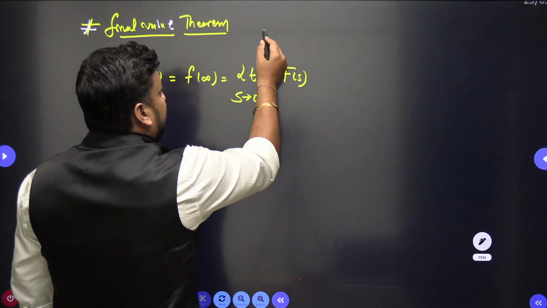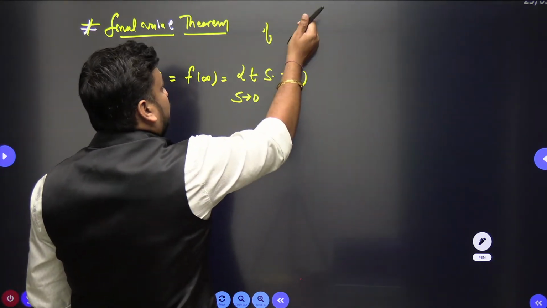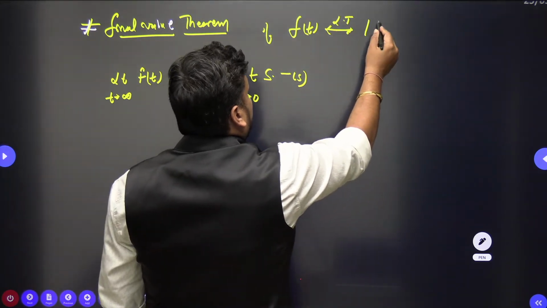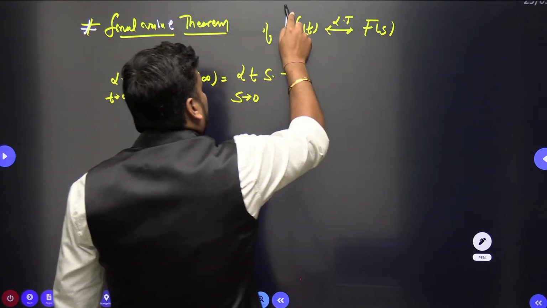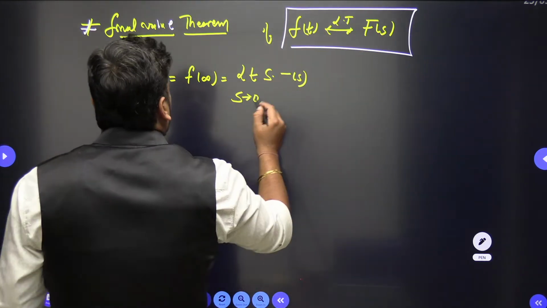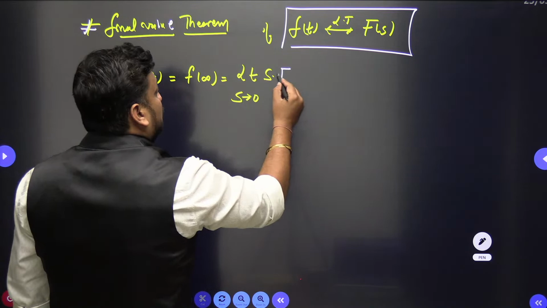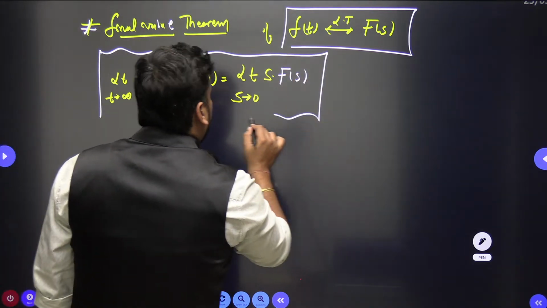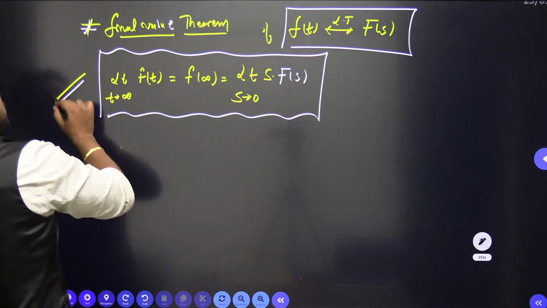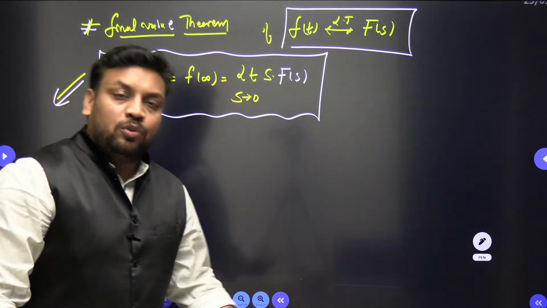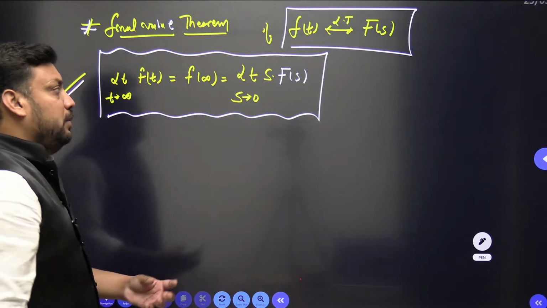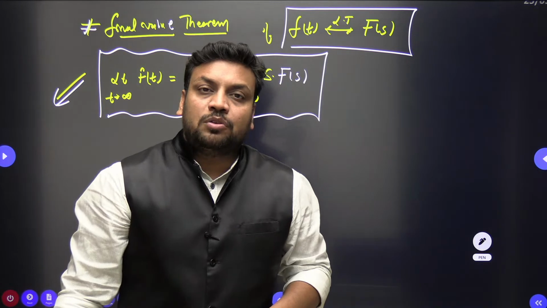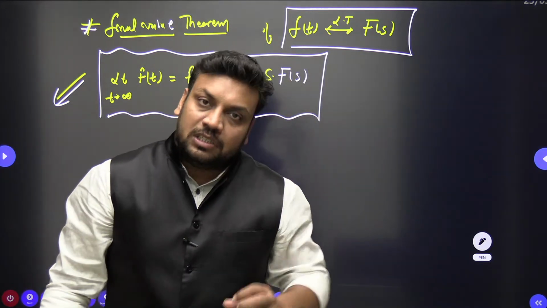If it is given that small f(t) has the Laplace transform capital F(s), then this is the result: limit s tends to 0 of sF(s). Both properties are valid for the unilateral Laplace transform, meaning we are talking about the t equal to 0 plus region, the control system region.